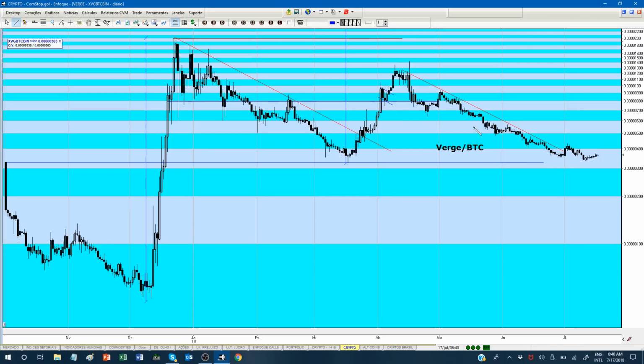Verge broke this short-term resistance line, made a pullback, but now it's kind of flagging down. It's testing this important support level, which is at 1, 2, 3, 4, 5. Wow, that's a very small amount of satoshis.